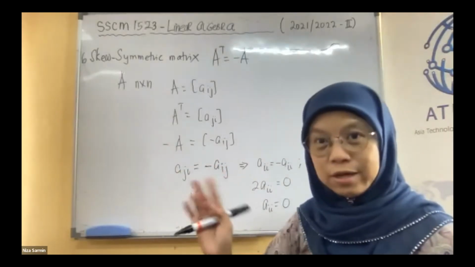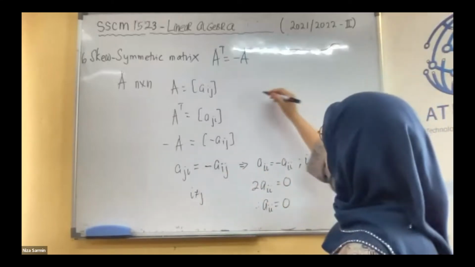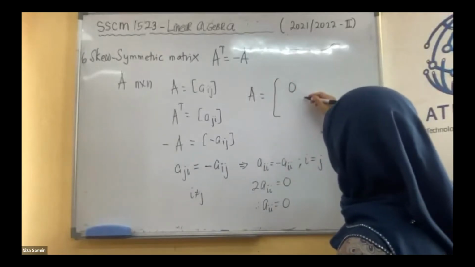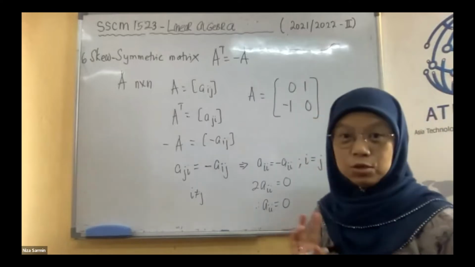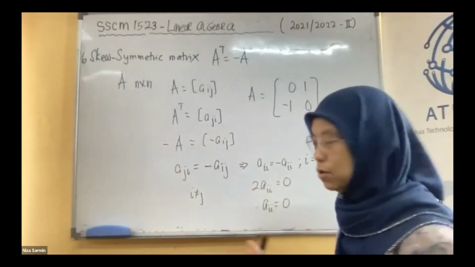Okay, so let's try this and come up with an example. If you put the diagonal as 0, we have to have 0. And if this is 1, maybe this is negative 1. This is what this condition means.